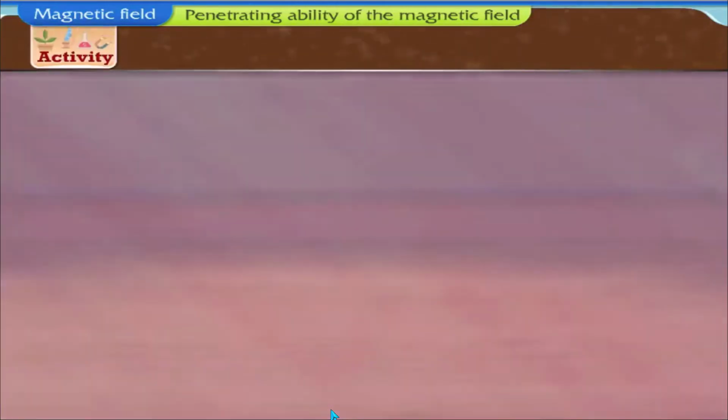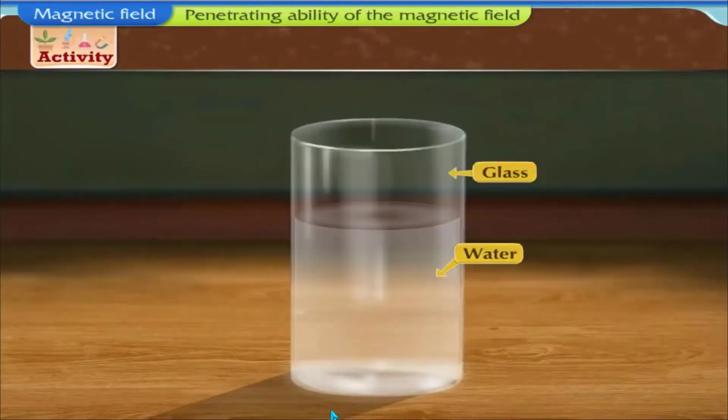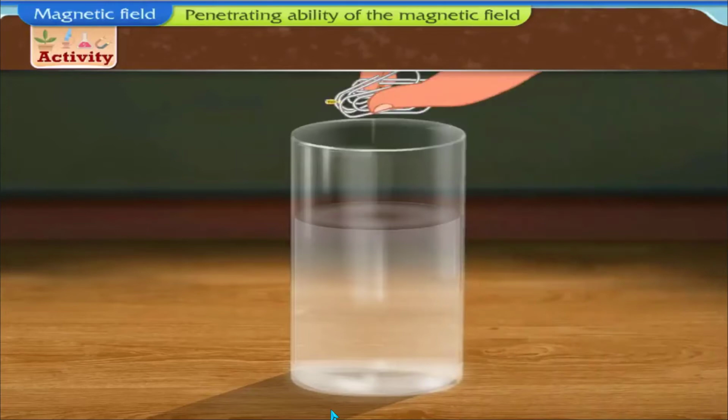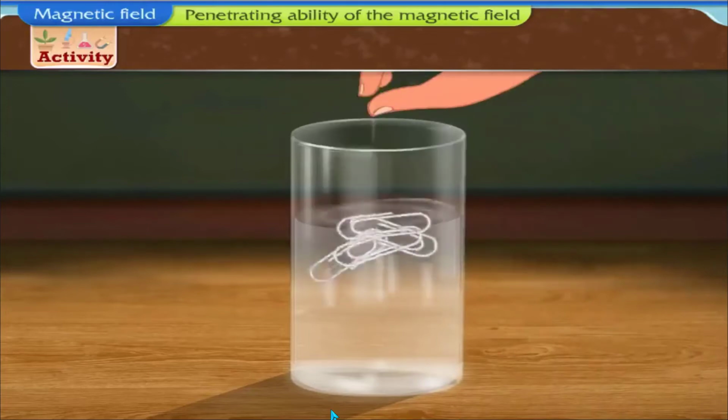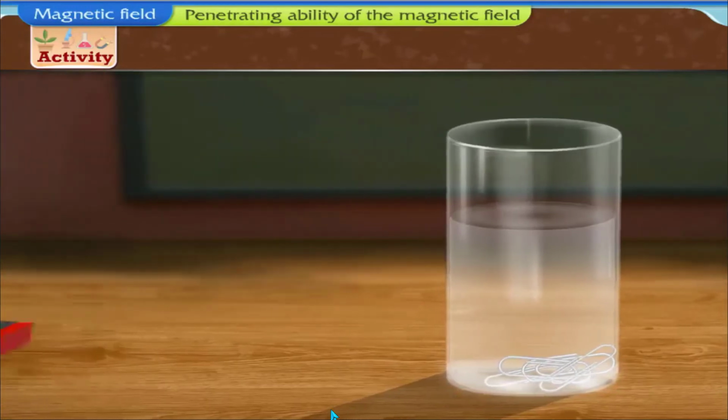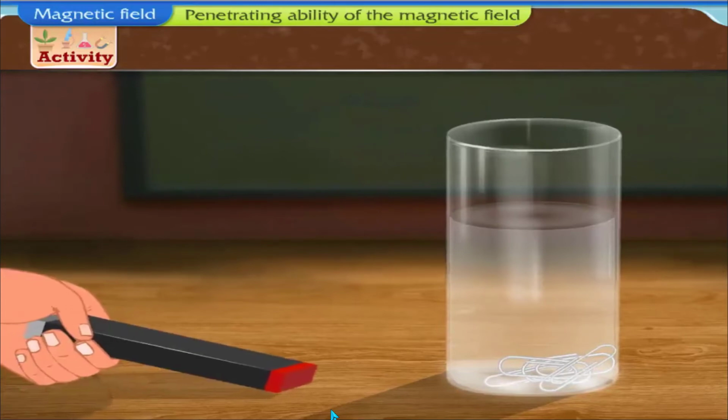Activity: let us fill water in a glass. You can use a plastic bottle instead of glass. Now drop a few pins in the water. The pins sink to the bottom. Let us take a bar magnet near the glass.